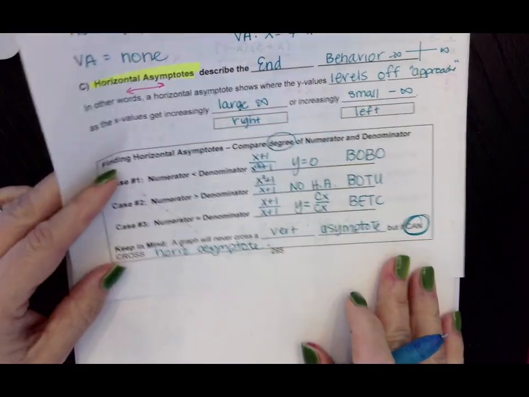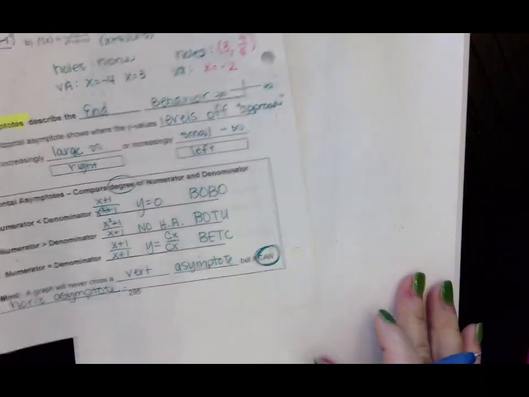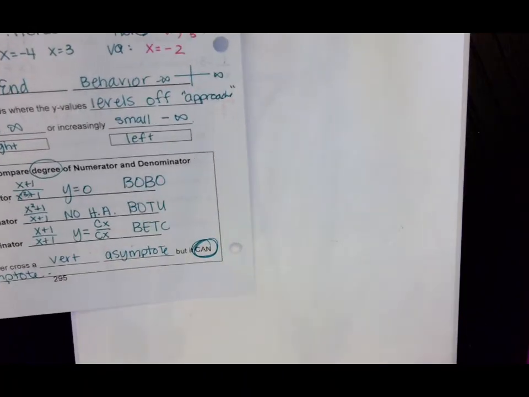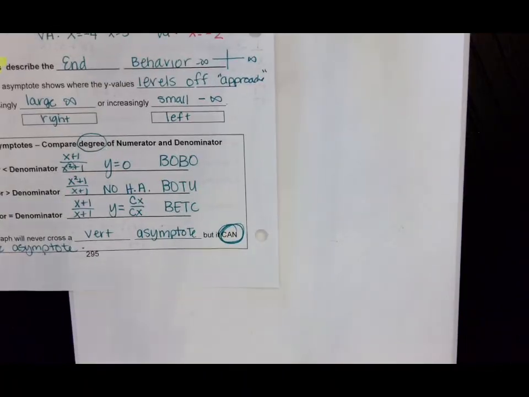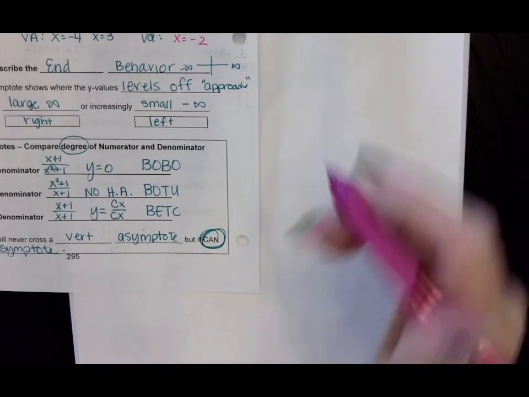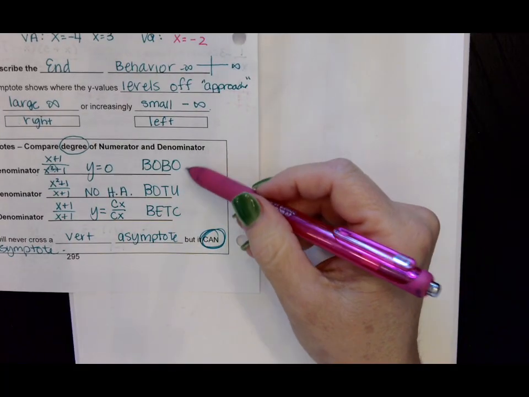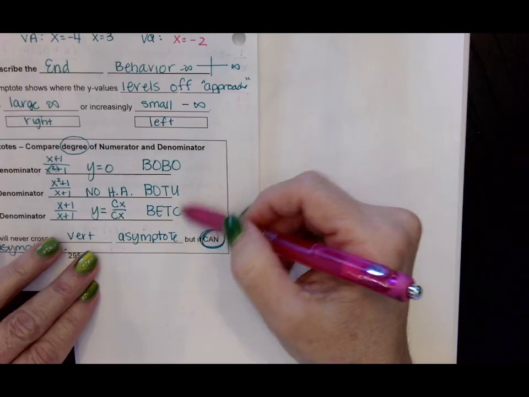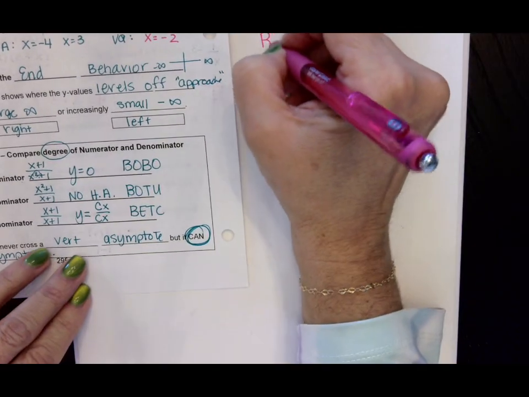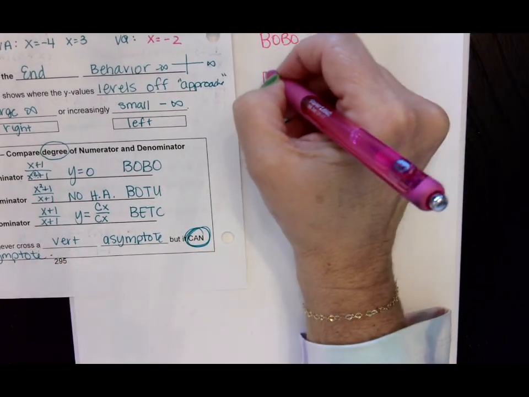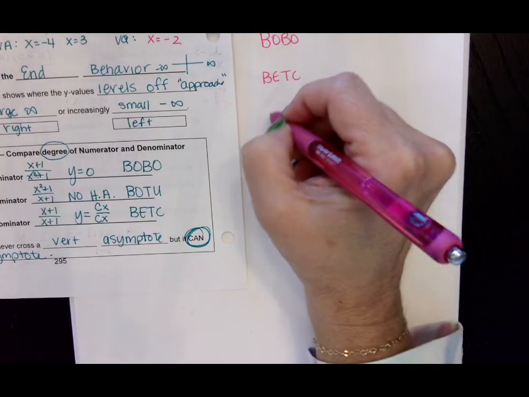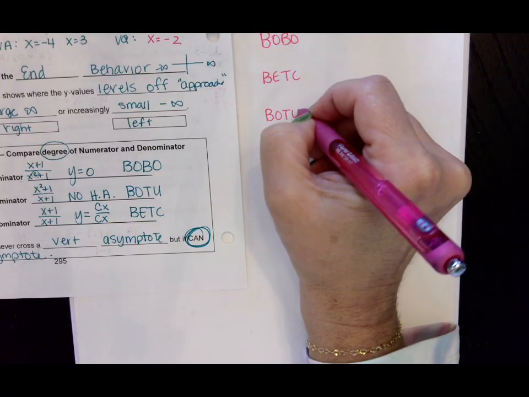Okay, so now what I want you to do is grab a piece of paper, or you can write it on the bottom. There's not a lot of space here, but I'm going to go back to my Bobo, Betsy, BO2. I'm going to say this over and over and over in class. I have these two that I do backwards, right? So I'm going to write Bobo, Betsy, BO2.